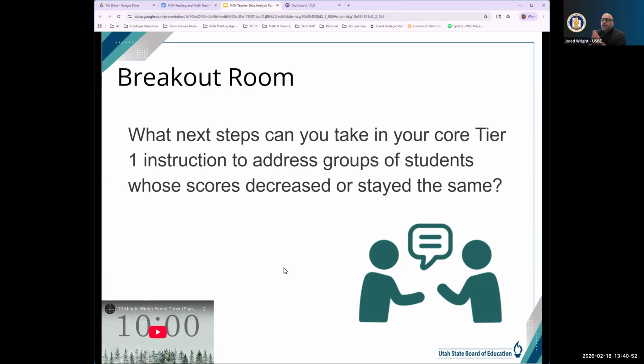As you were looking at and analyzing the composite score and reflecting on what might have gone well, what next steps are you going to take or could you take from middle of year to end of year to help students whose scores either decreased or stayed the same? Or if you have some thoughts to share with someone else, what might you share?